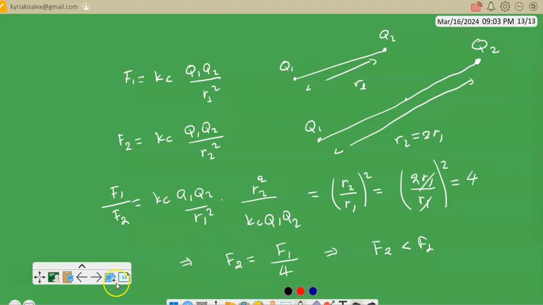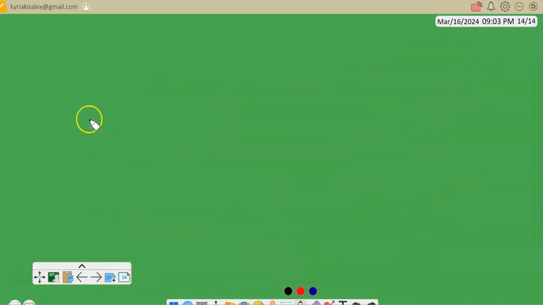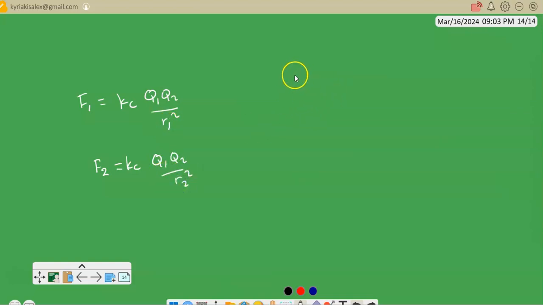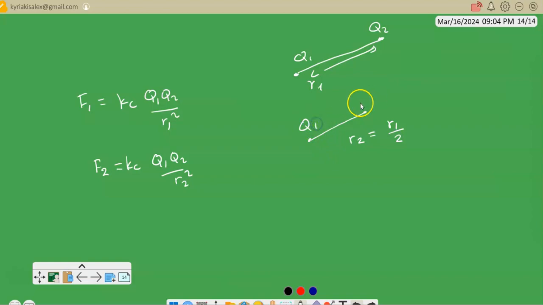Now let's take another scenario. I rewrite the formulas for the two forces. And now this is initially the distance between the two charges. Now R2 equals R1 divided by 2. I decrease the distance between the two charges.